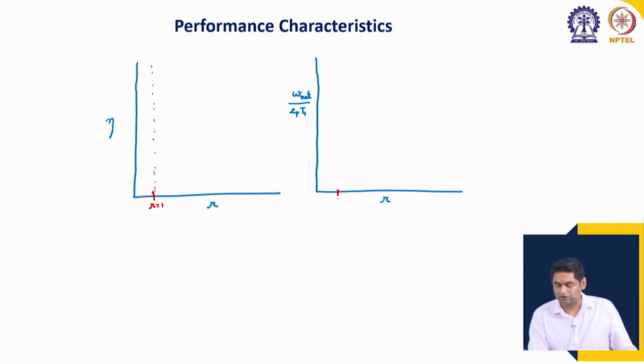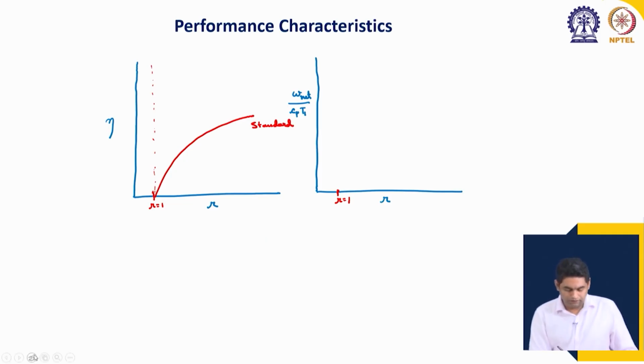This is also at R equal to 1. So, the standard Brayton cycle, by this time we are very familiar with this, keeps on increasing monotonically.